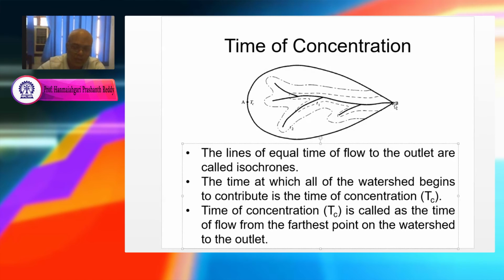So time of concentration is the time at which all of the watershed begins to contribute, also called the time of flow from the farthest point on the watershed to the outlet. Simply, it is the time taken by rainfall falling on the farthest point to reach the outlet.